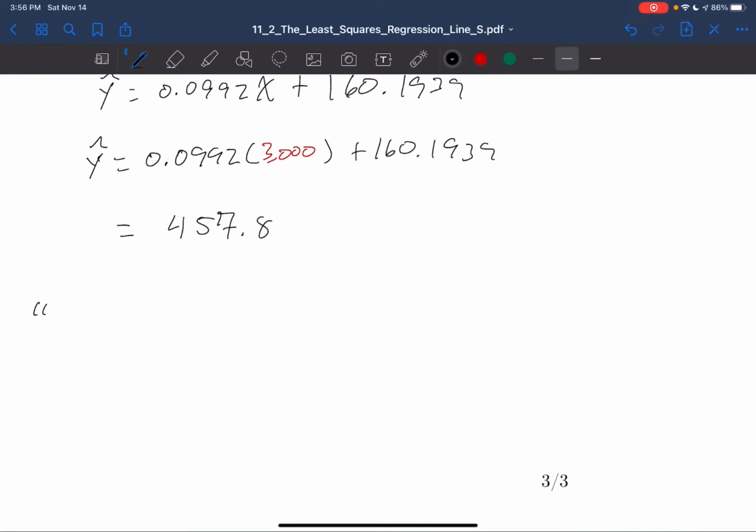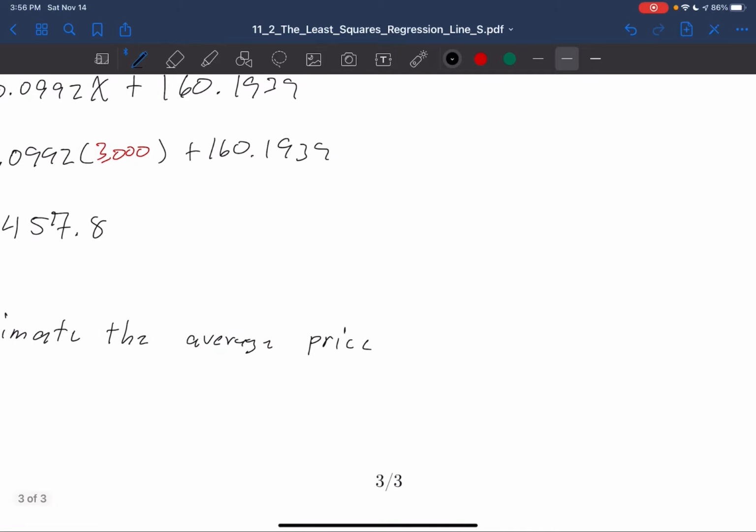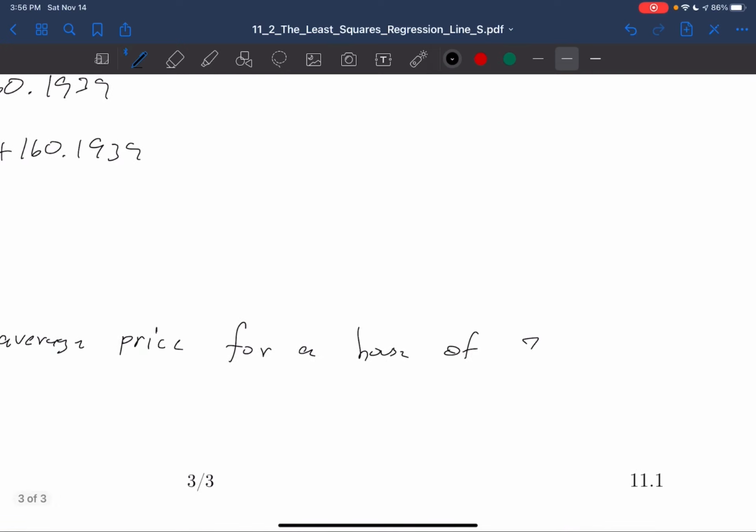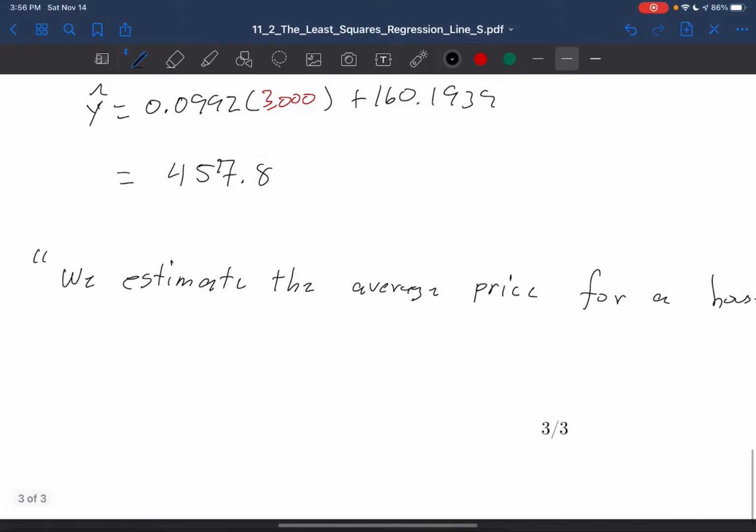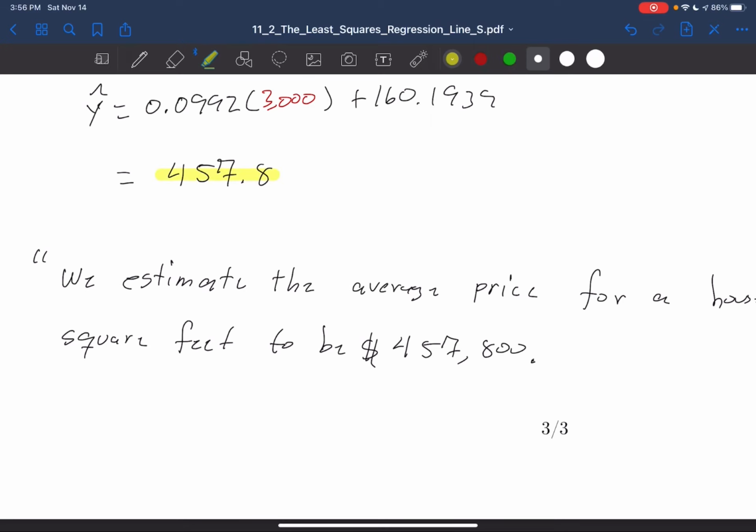So in words, we could say that we estimate the average price for a house of 3,000 square feet to be $457,800, because again, this is measured in thousands of dollars.